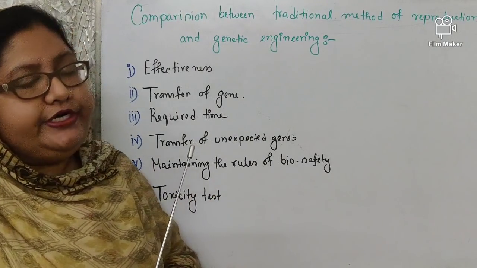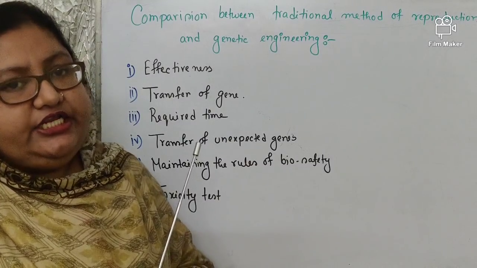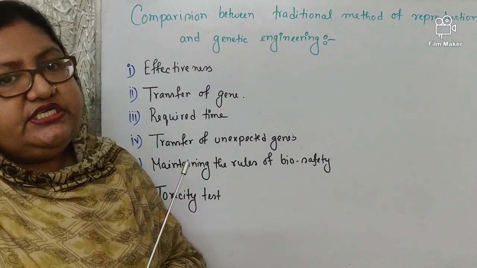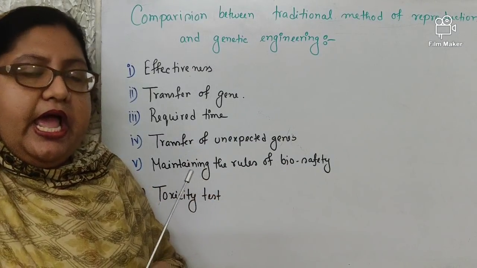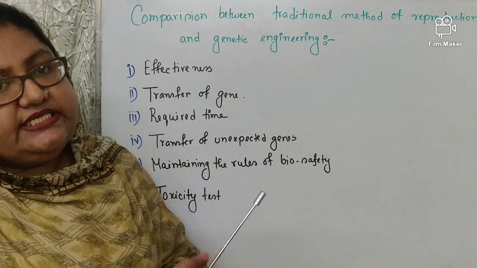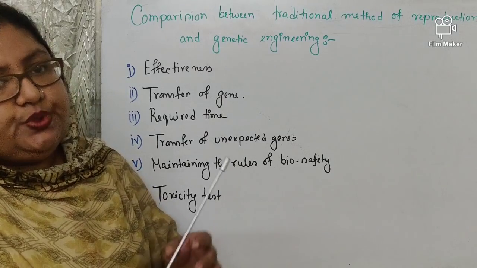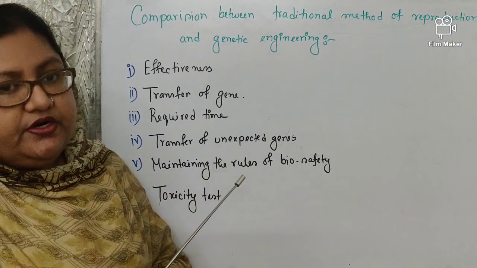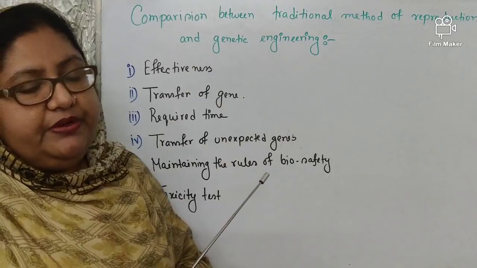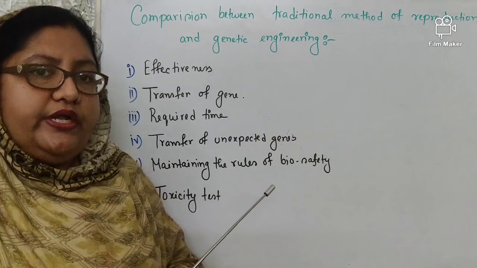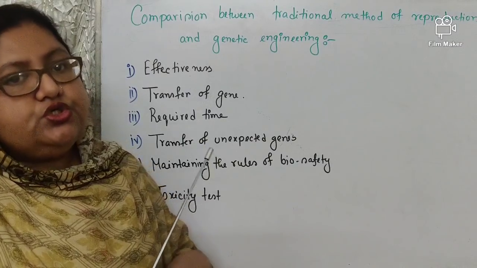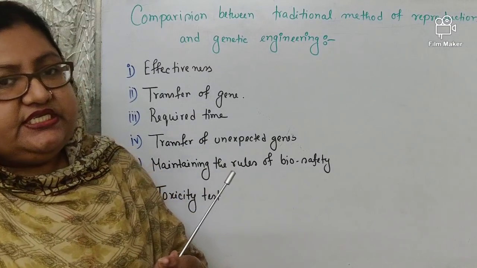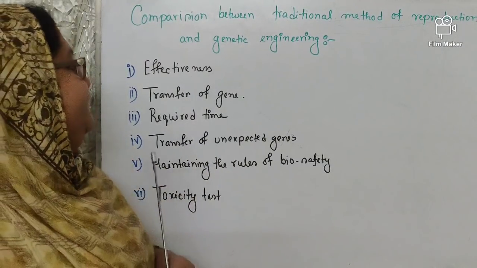But in case of genetic engineering, it is possible to transfer genes to both nearer and distant species. So it is possible to transfer genes between nearer species, and it is also possible to transfer genes from nearer to distant species through genetic engineering.